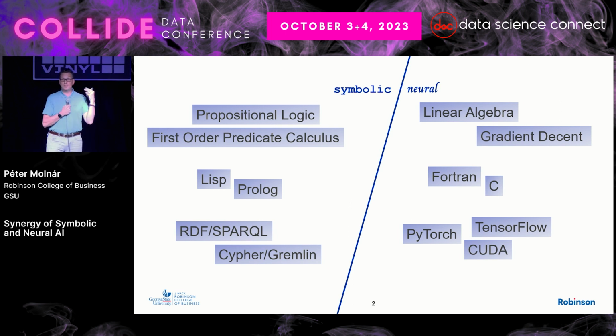Fortran is basically the grandfather of most of our programming languages, C, Python, CUDA, anything. It introduced arrays, so we could create vectors and matrices, and that lent itself to numerical computing.